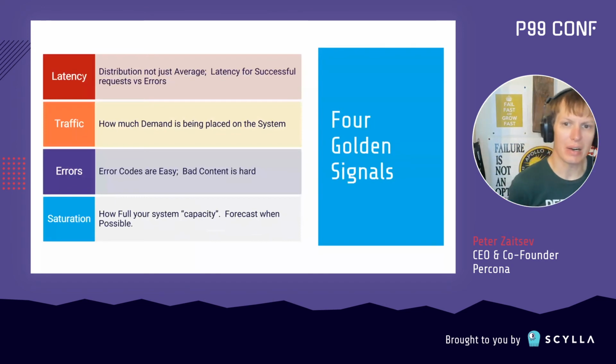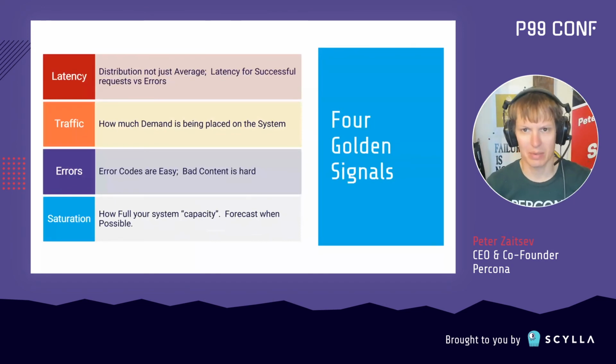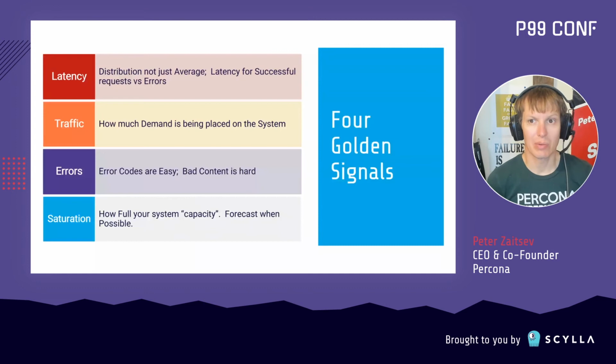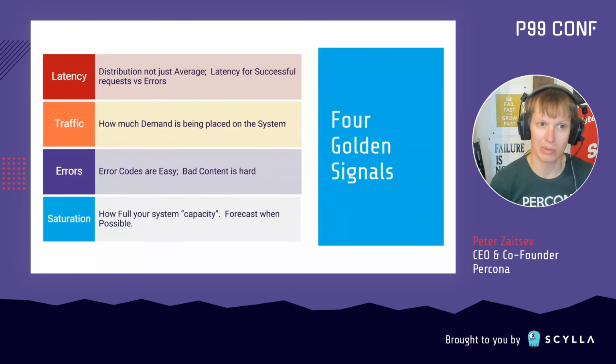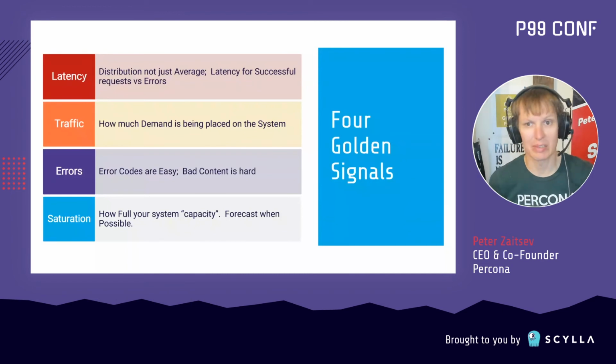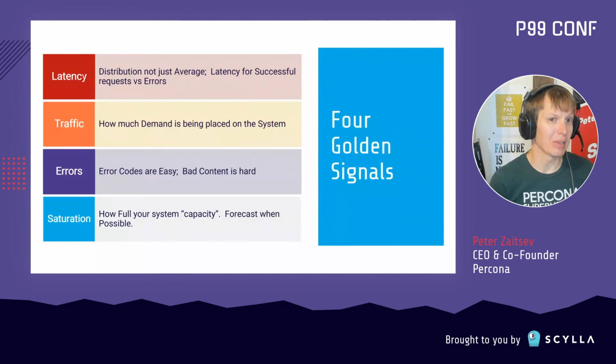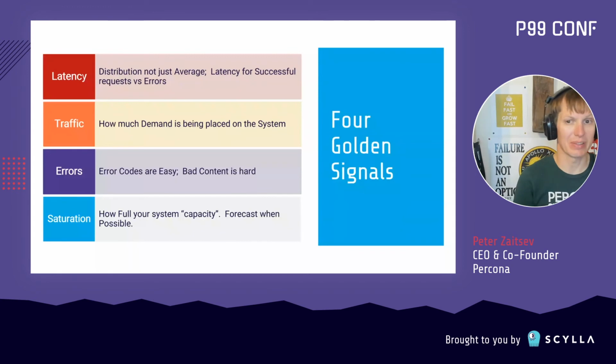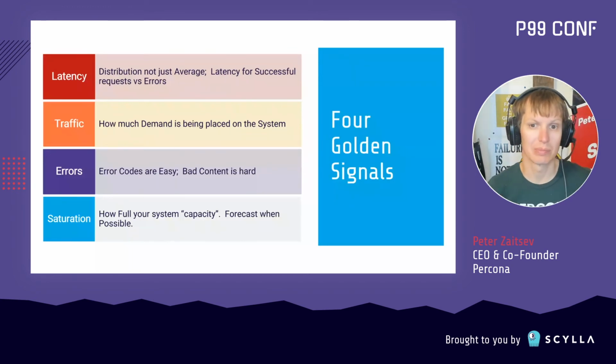So what are those golden signals? One is latency. Right? As we discussed, well, that is really what a lot of developers care about. Then traffic, how much demand is placed on the system, right? How many queries are coming in, because, well, obviously if you have too many queries, then they tend to become slow.